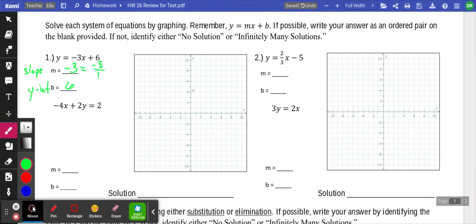And so we can graph our y-intercept on the y-axis here, and then use our slope to find more points on our graph. So when you're at the y-axis, using your slope of -3/1, you can go down 3 units and to the right 1 unit. Remember, you can also go up 3 units and to the left 1 unit.